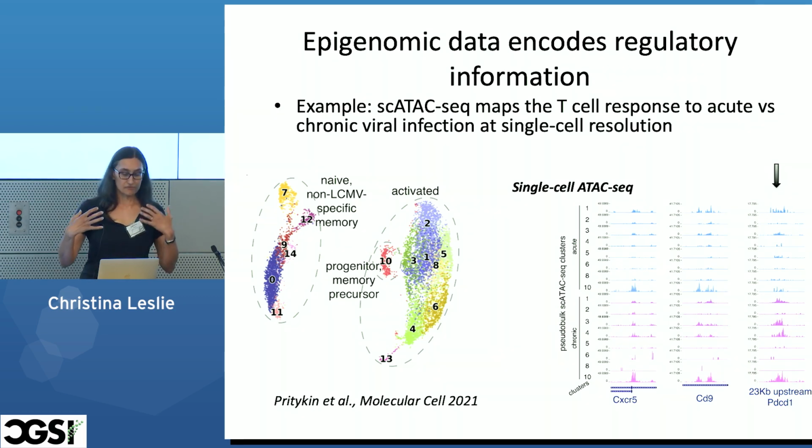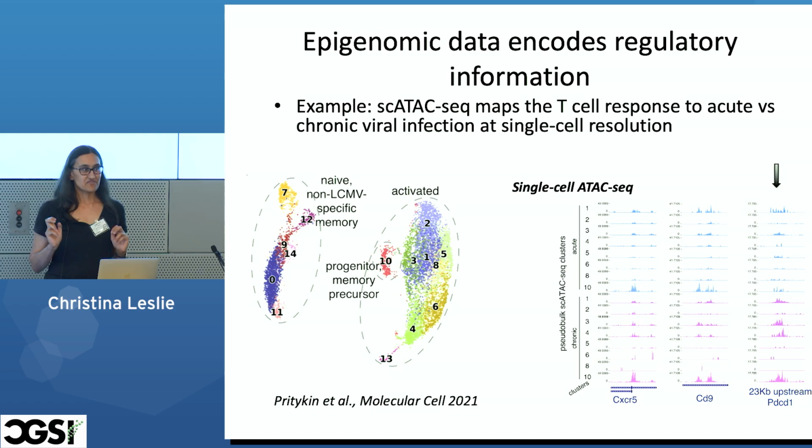It's a chronic viral infection model. And you can see these events that we saw in bulk at the single cell level, okay? So including this dysfunction-specific enhancer of PD-1, all right? So quite exciting that we can see these events at single cell.